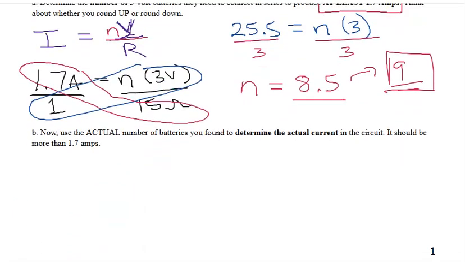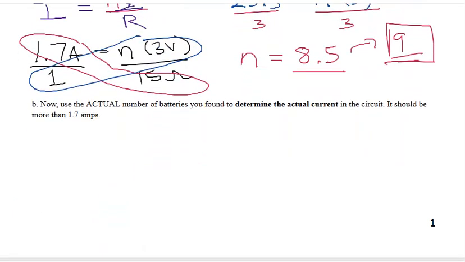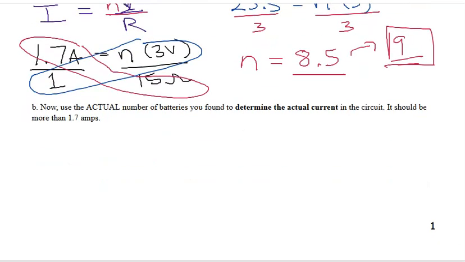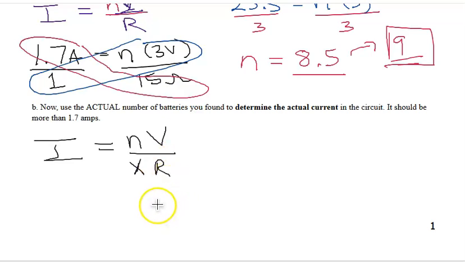What's a little bit challenging then is, I know it's a little bit annoying, but that's the real world. You're not going to get 1.7 amps, so we want to know what kind of current you are going to get. The current is number of batteries times the voltage over number of resistors times the resistance.